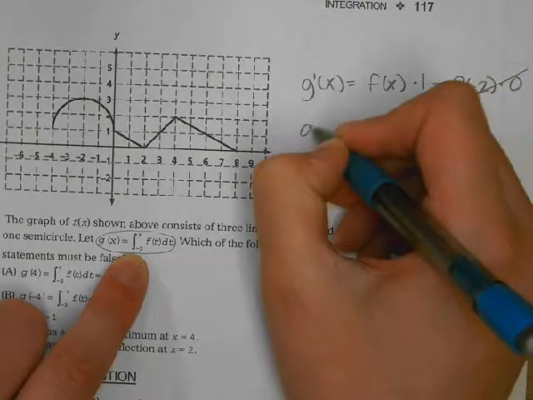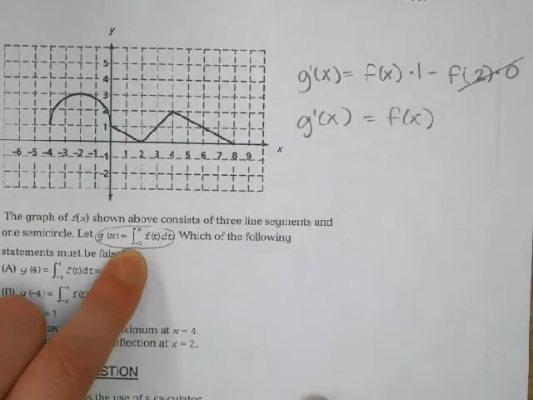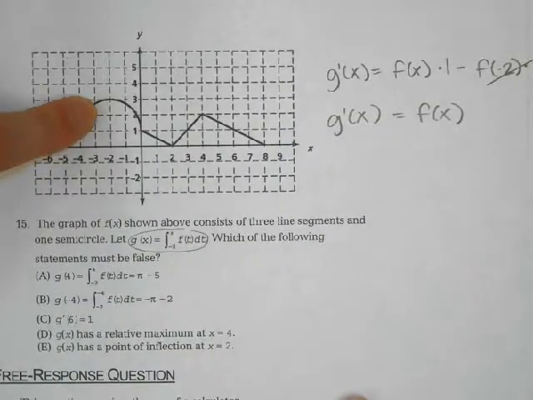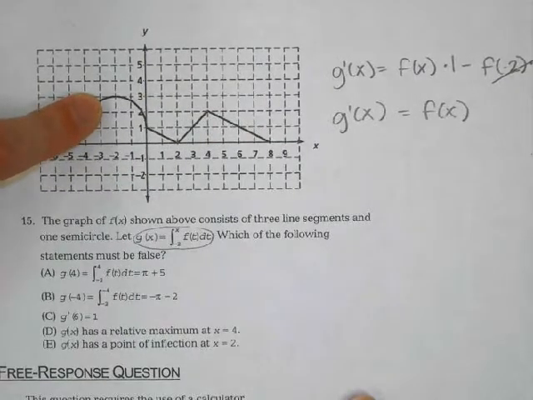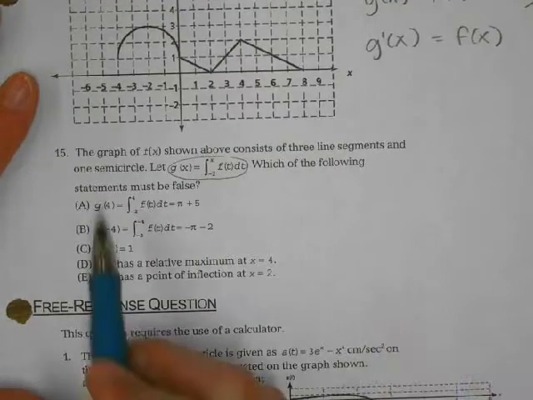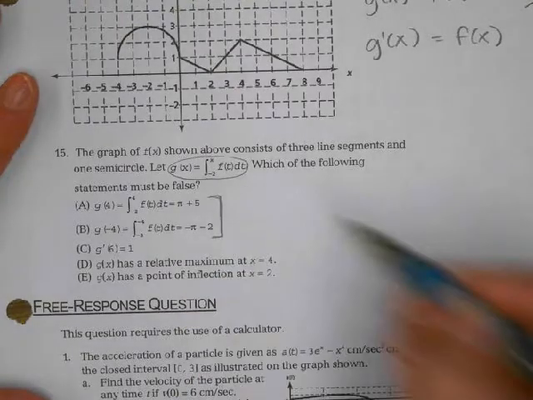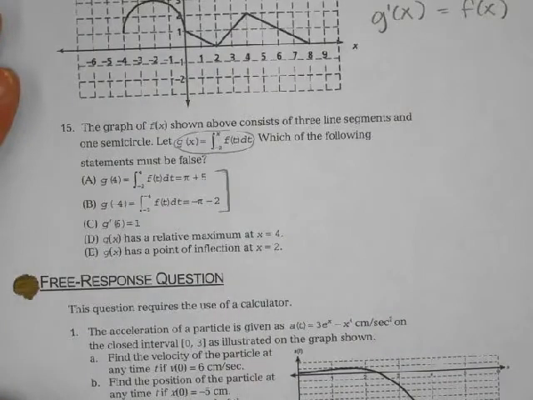And so g prime of x is f of x. So this is the graph of f of x, which means it's actually the graph of the derivative of g. Okay, so keep that in mind. I kind of ignored A and B because I didn't really know how to work with those, so I ignored those to start with.